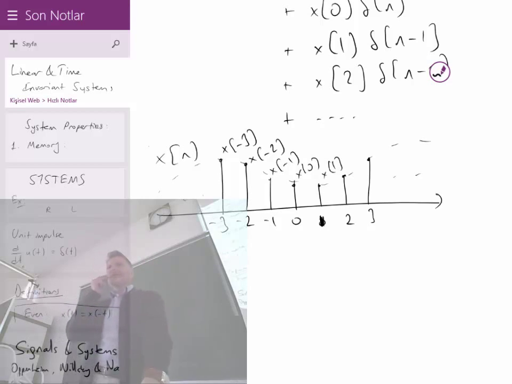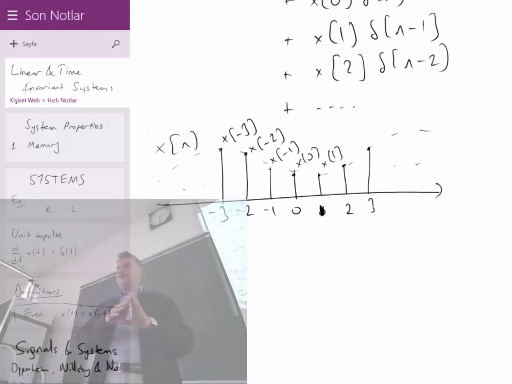So it's impossible for you to fail a representation in terms of impulses. An impulse is the fundamental building block, the Lego brick, okay, of your discrete time signals. You can build everything from those Lego bricks, which is the unit sample or the unit impulse.